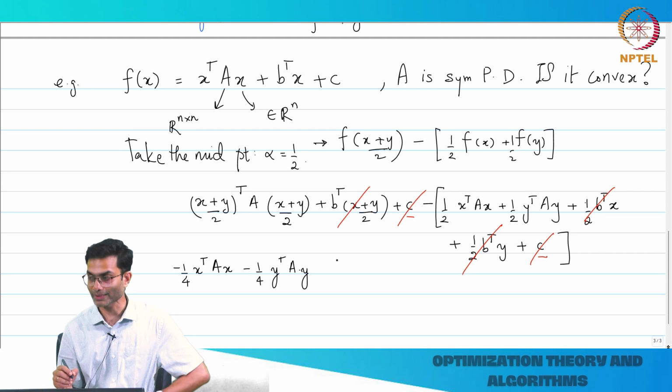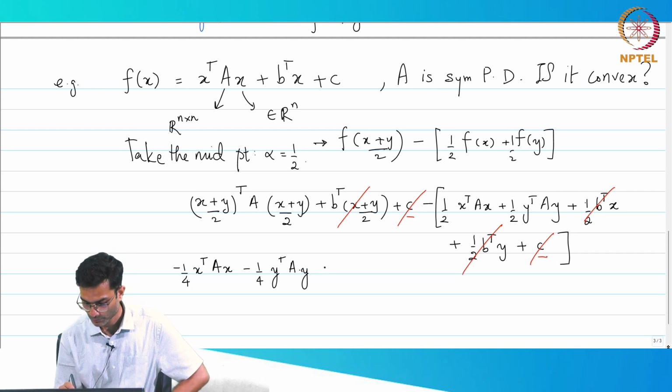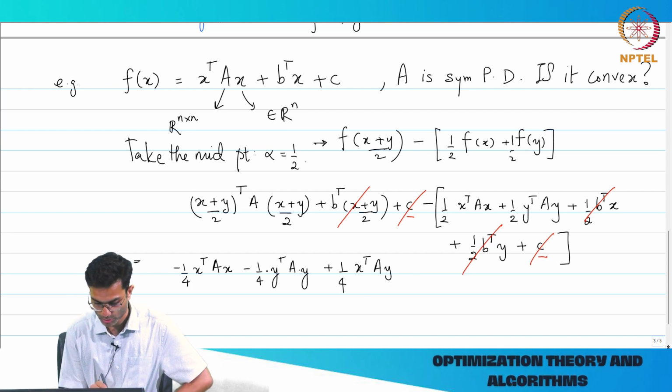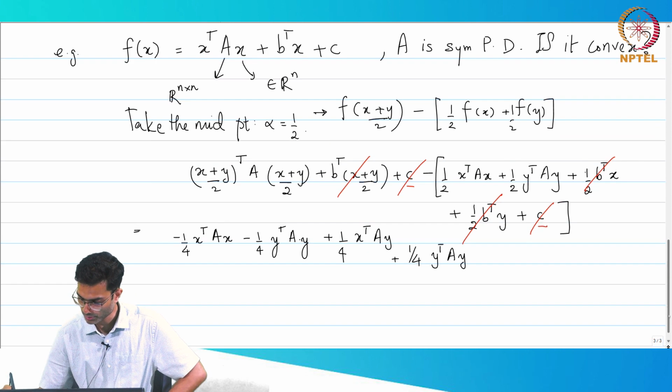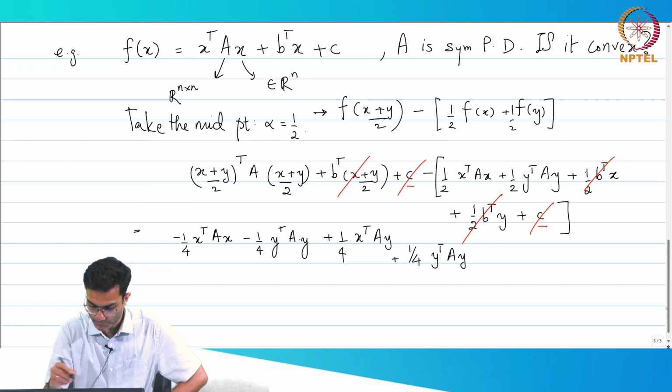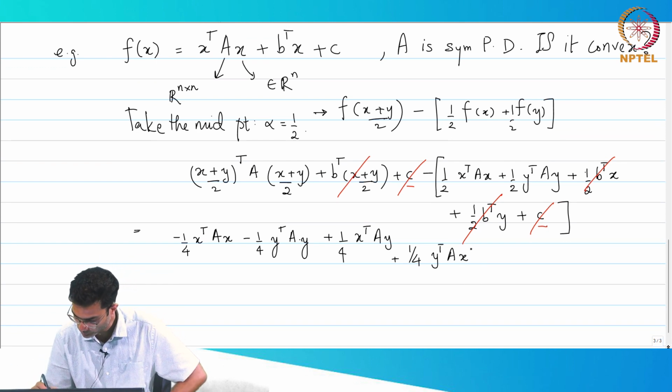With what sign? Plus 1/4 x transpose Ay, very good, and plus 1/4 y transpose Ax, okay.